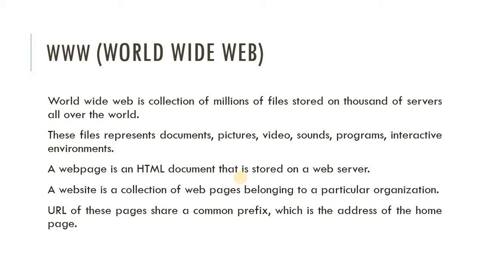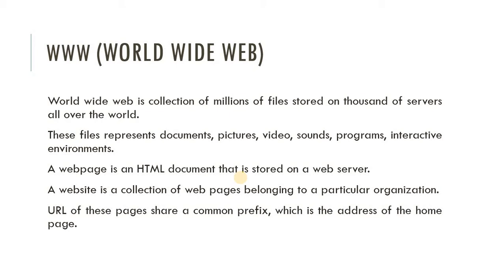A web page is an HTML document that is stored on the web server. A website is a collection of web pages belonging to a particular organization that is also stored in the WWW. The URLs of these pages share a common prefix, which is the address of the home page. Suppose I want to open a website: the first keyword is www dot, then the website name dot com. Suppose I want to open Google, then it is www.google.com.